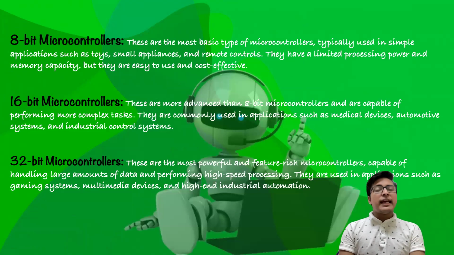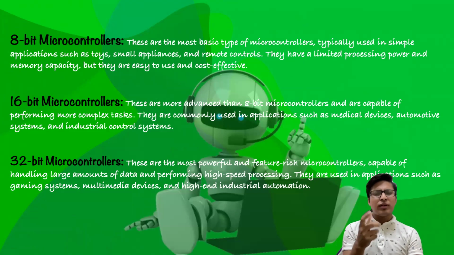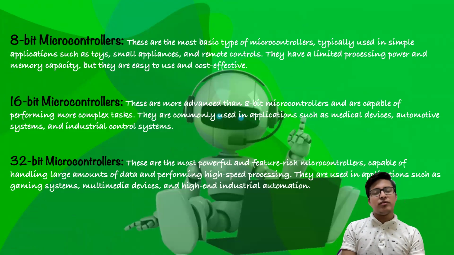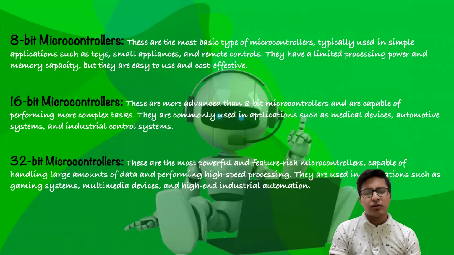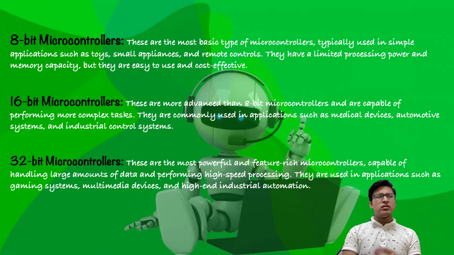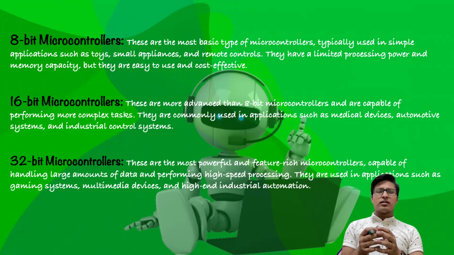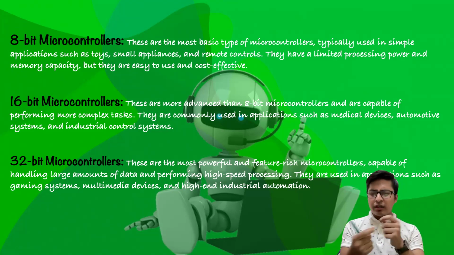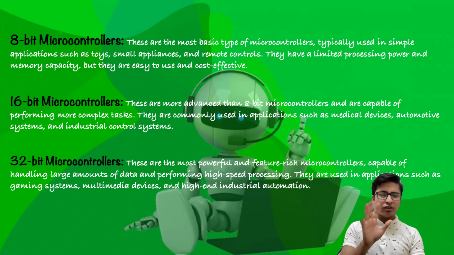First, the 8-bit microcontroller. These are the most basic types. Why 8 bits? They work in bits. Bits are the smallest unit of memory. 8 bits form a byte. We all know that. So these are the most basic types of microcontrollers, and they are used in simple applications. How? In toys. You've seen some children's toys that strike a surface and come back, simple operations like these. An 8-bit microcontroller is more than sufficient for them.